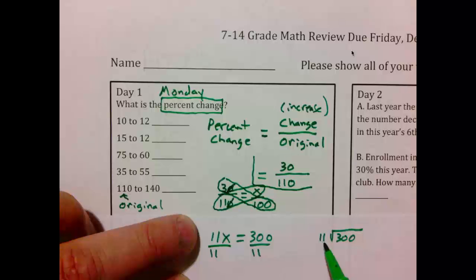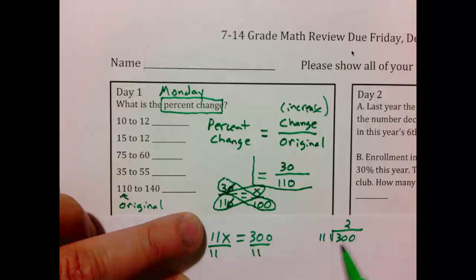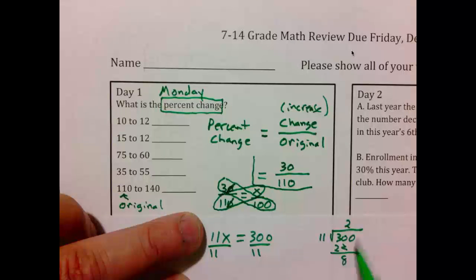11 divides into 30 twice. 2 times 11 is 22. Subtract, get 8, bring down my 0. 11 into 80, 7 times. 7 times 11 is 77. Introduce a decimal and a 0, and a decimal above in the quotient. Bringing down my 0.